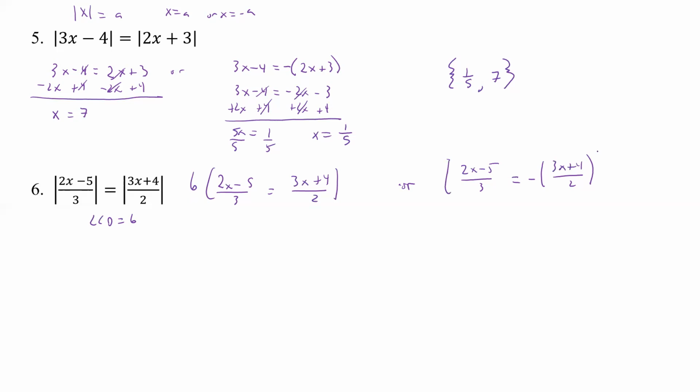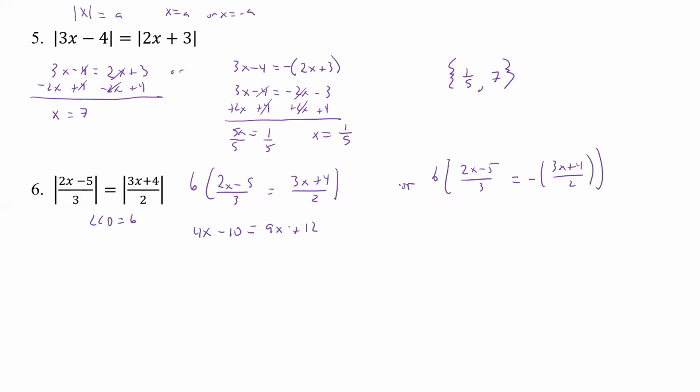And so, in theory, I could do that here as well. And when I do it, I'm going to have to remember to distribute that negative at the same time in that case. So 6 times this, well, 3 will go into 6 twice. We'll have 2 times this. So we'll have 2 times 2x is going to be 4x. 2 times negative 5 is negative 10. Here, 2 goes into 6 3 times, so we have 3 times this. So 3 times 3x is 9x. 3 times 4 is 12.